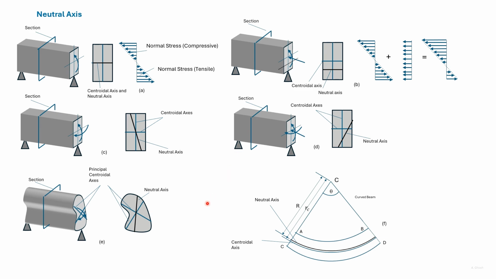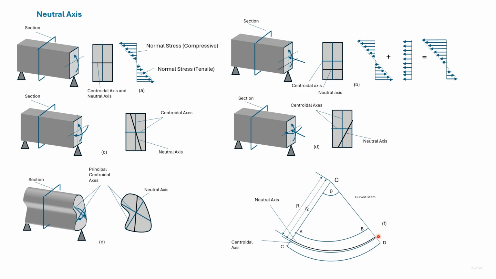Till now, we have been discussing the neutral axis of a section. However, with the curved beam, we'll discuss the neutral axis of the beam and also the centroidal axis of the beam. As we can see, for a curved beam, the neutral axis does not coincide with the centroidal axis.